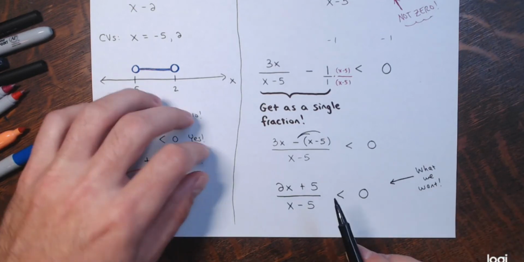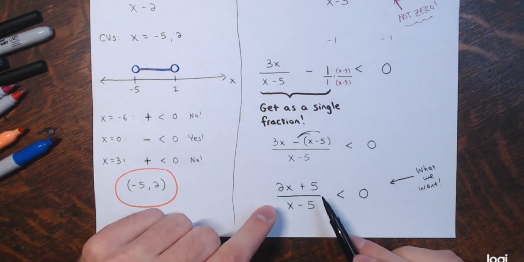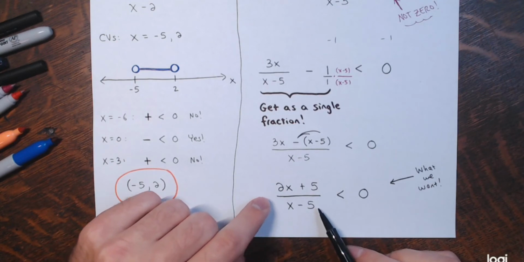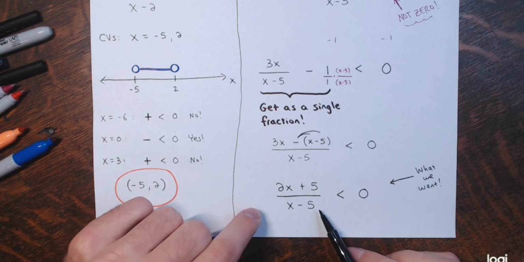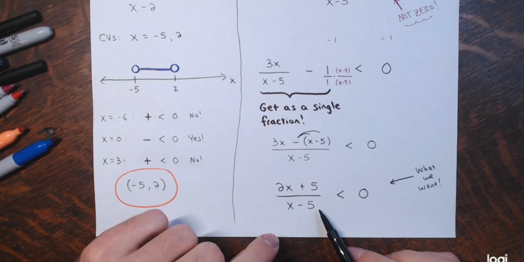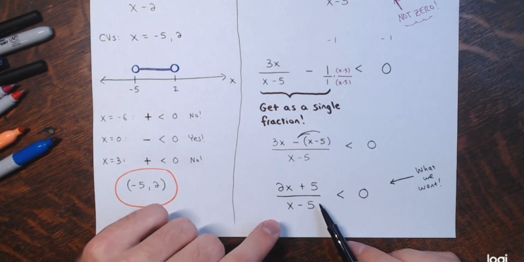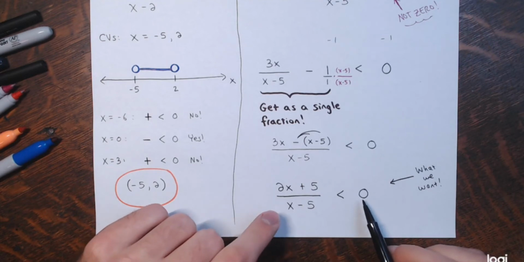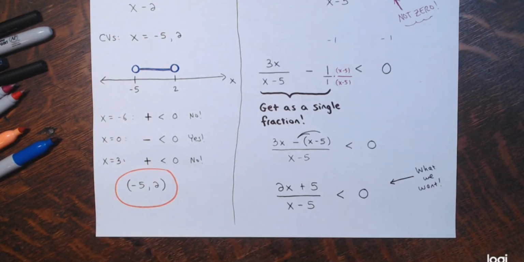We want a single fraction, one numerator, one denominator, not plus or minus some other fraction or some other number. And then on the other side, 0. Once it's like this, then we can work the way I've been working the first 8 examples.